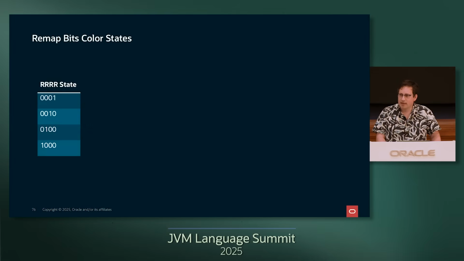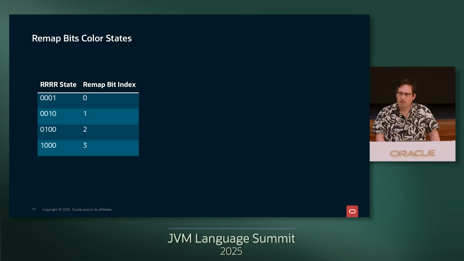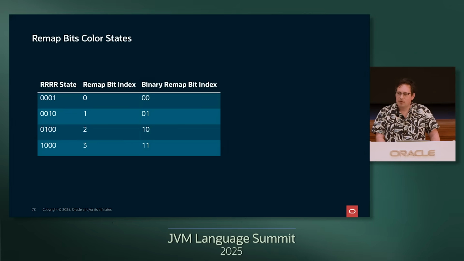Turns out that if you take these remap bits, look at the position of the 1, you can represent this as an index of the bit being set. And if we convert that to binary, we have a 2-digit binary number here, where there is a low order bit and a high order bit.